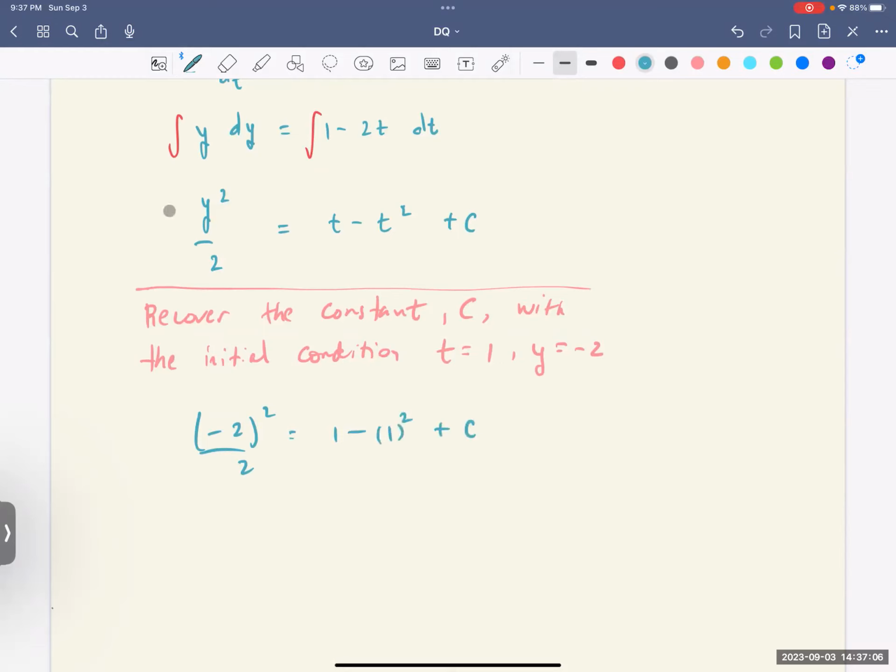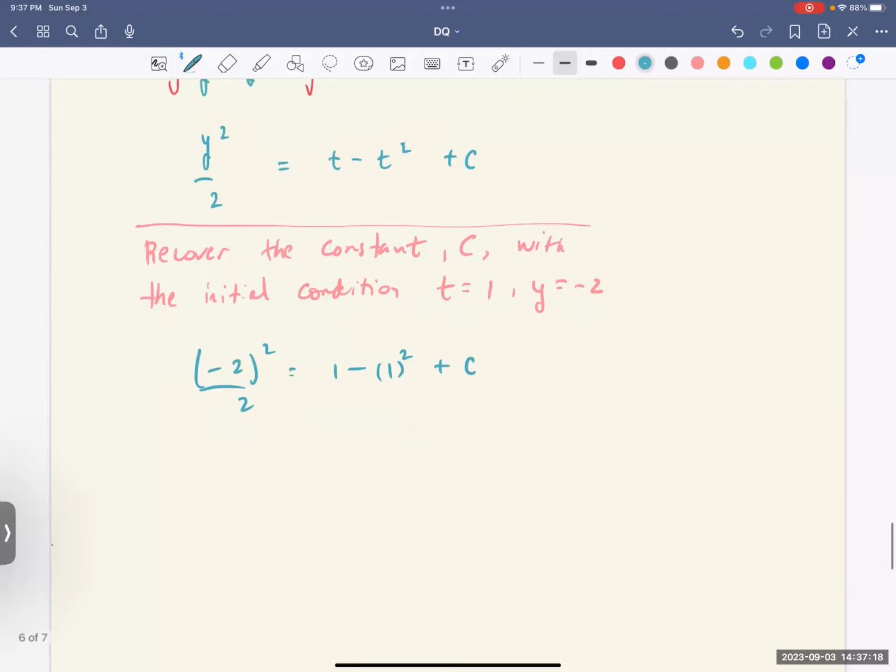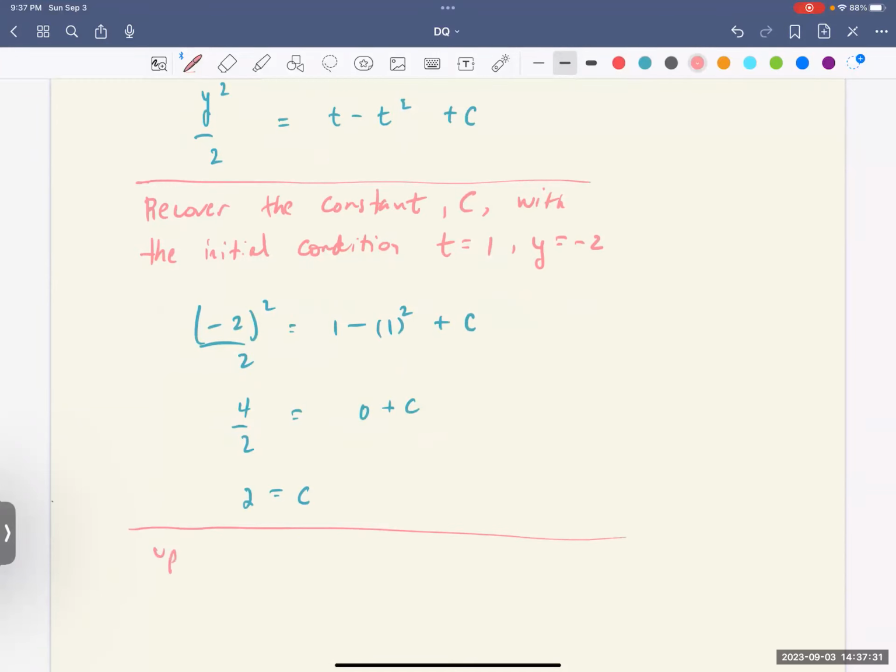So for this y, we put in a -2, and for these t's, we put in 1s. On the left side, that's going to be 4 divided by 2, which is 2, equal to 0 plus c. So c is 2. Now let's update our solution.